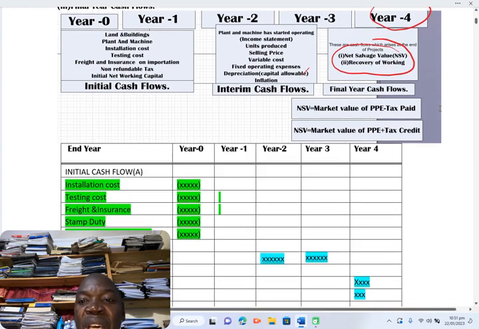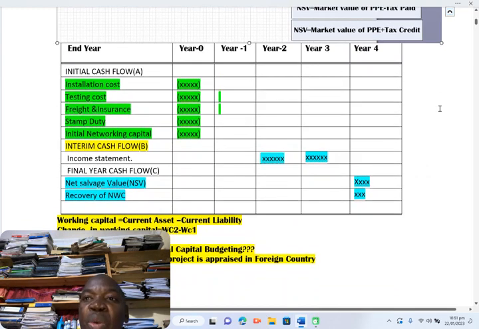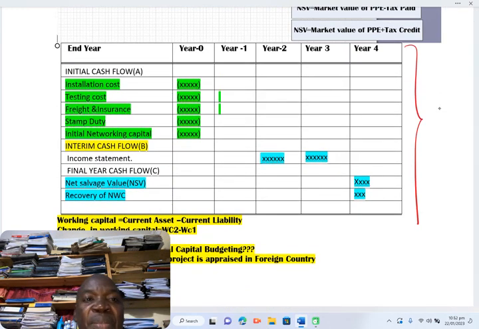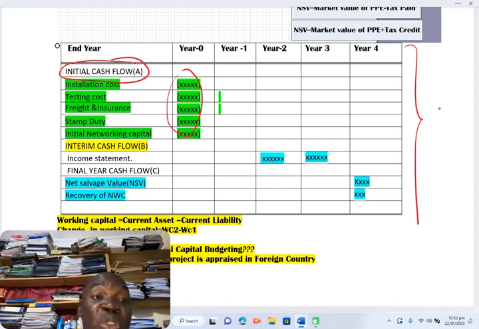I want to concentrate here on the components of this problem itself. As I said, you need to ascertain the initial cash flow: installation, testing cost, freight, insurance, stamp duties, initial working capital, etc. These are the cash flows which arise in year zero at the start of the investment.